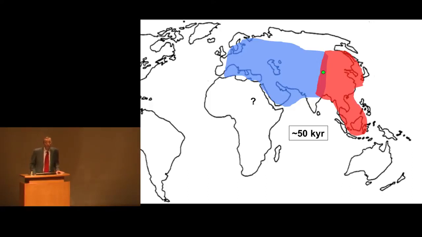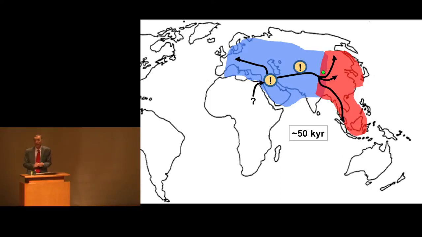Then modern humans appear in Africa, come out of Africa, mix with Neanderthals the first time, probably in the Middle East, and continue to spread over Eurasia. And there's good evidence from us and from other groups that there was additional admixture with Neanderthals in the ancestors of present-day Asians.